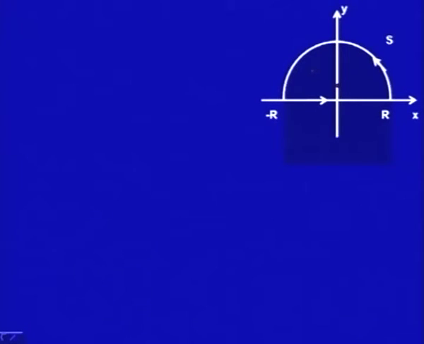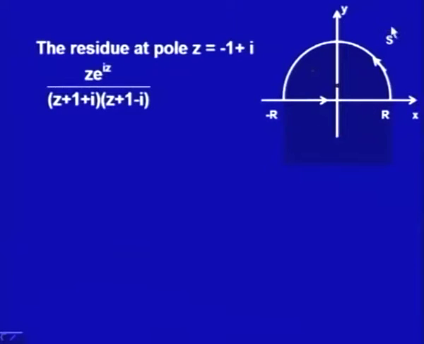So, we are taking this semicircle bounded by the real line from minus r to plus r. My pole in the upper half plane is only this minus 1 plus i, this isolated singularity. By the residue theorem, the integral along this contour should be equal to 2 pi i times the residue at this point.